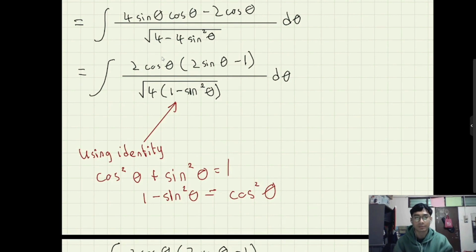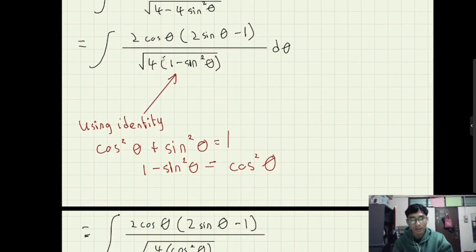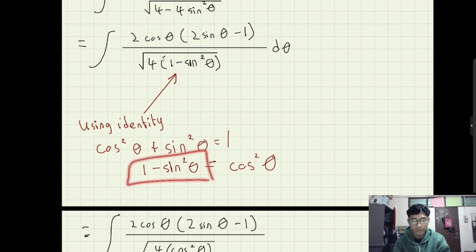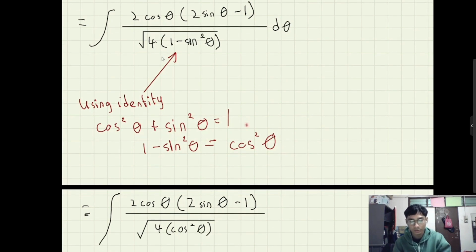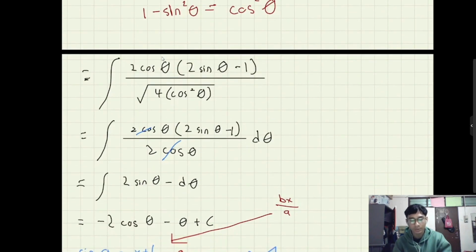In trigonometric substitution, we learn the identity cos squared theta plus sin squared theta is equal to 1, so we can find that 1 minus sin squared theta is cos squared theta. When we get cos squared theta, we substitute it into this equation, and then we get this.